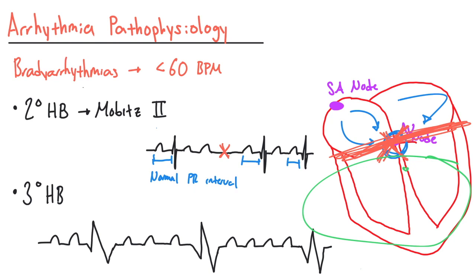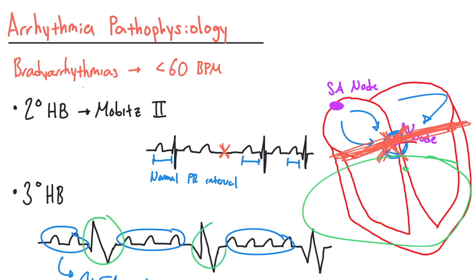You'll generally see the rate of the atrial depolarizations is approximately the SA node rate, and the ventricular depolarization is approximately the AV node's intrinsic rate.